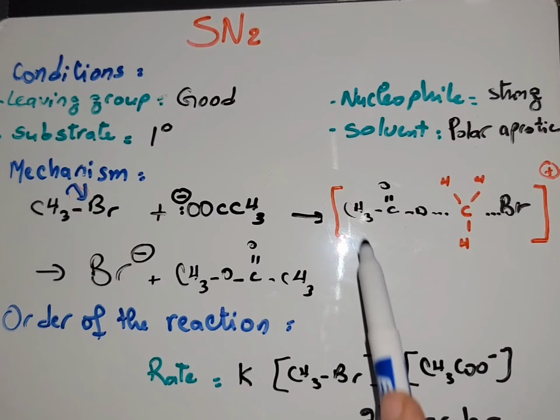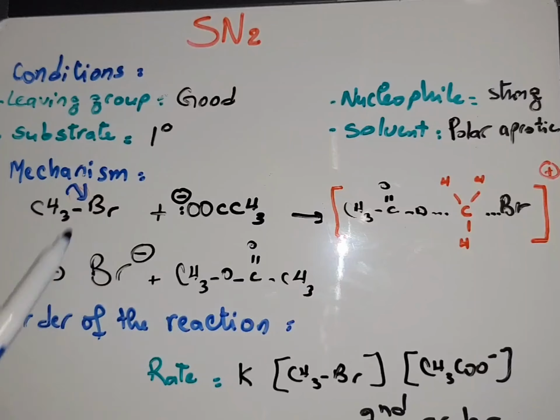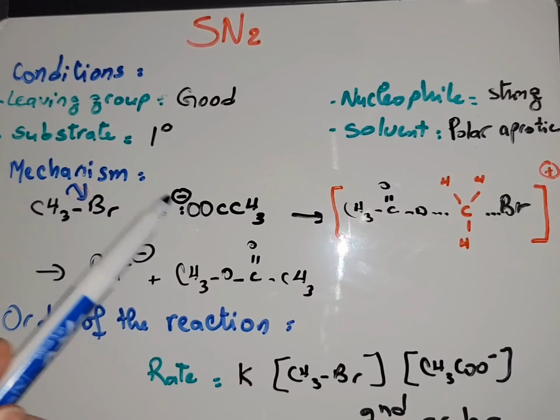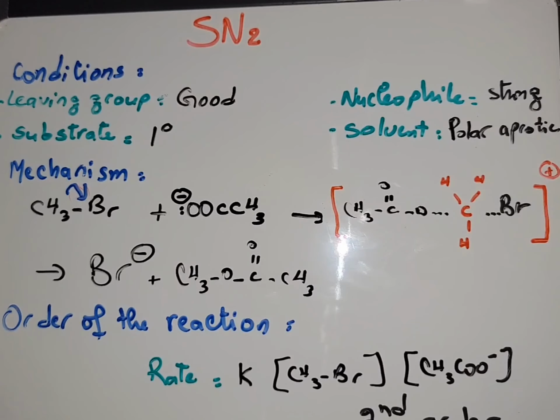This is the transition state for this reaction, but it all occurs in one main step. As a result, we have a bromide and this CH3, this methyl group attached to the acetate ion. This is the result of this reaction.